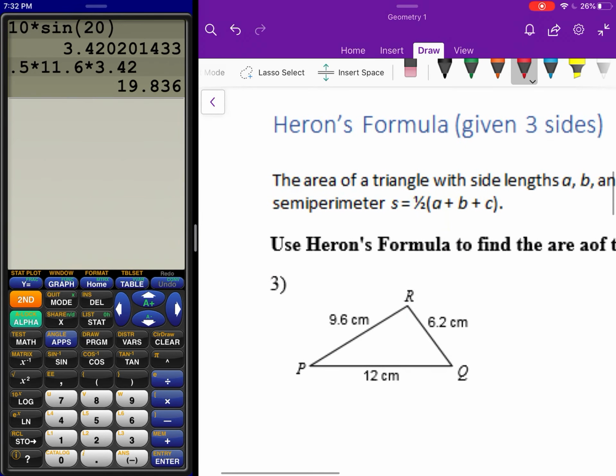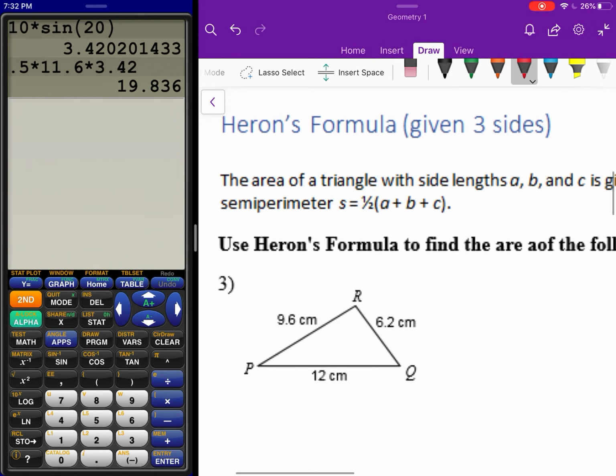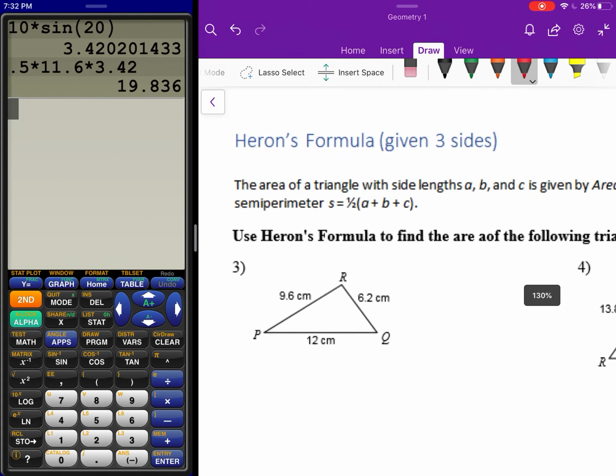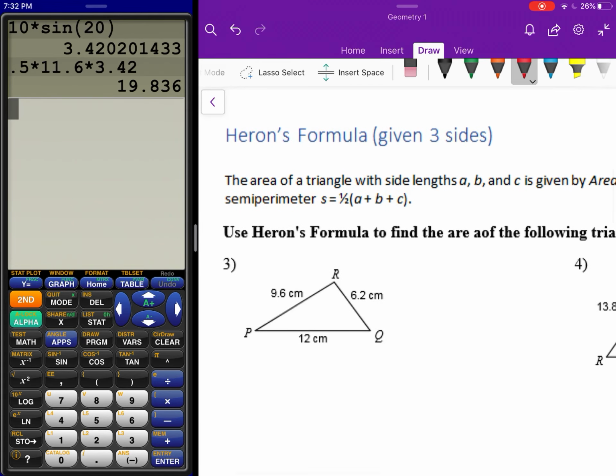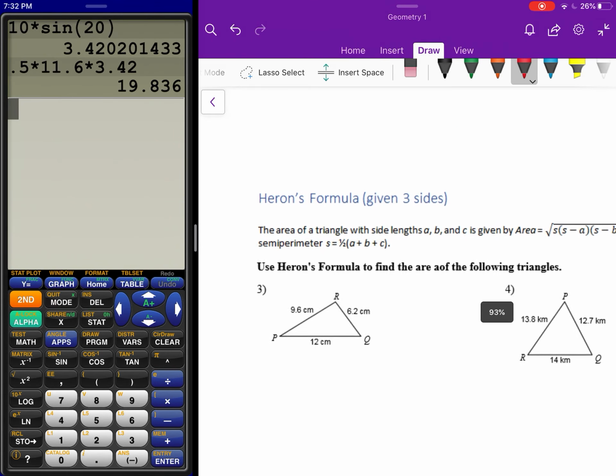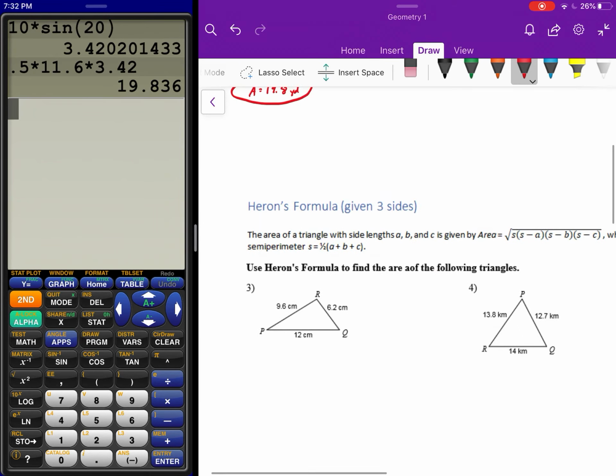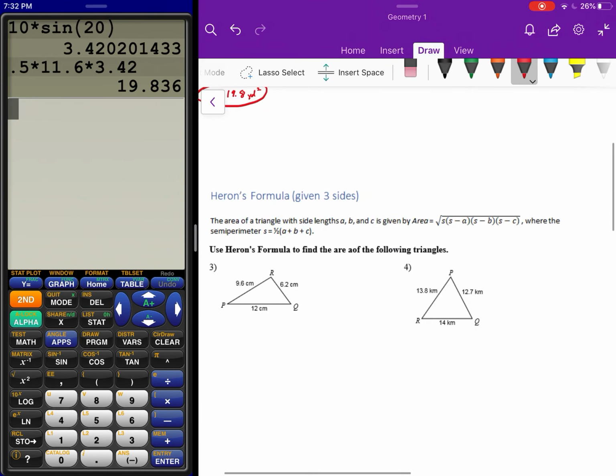All right. The next thing is called Heron's formula, and this is used when you know three sides of a triangle. Using it doesn't have to do with trigonometry. It just helps us find the area of a triangle. So I'm going to shrink this down so you can actually see what Heron's formula says.